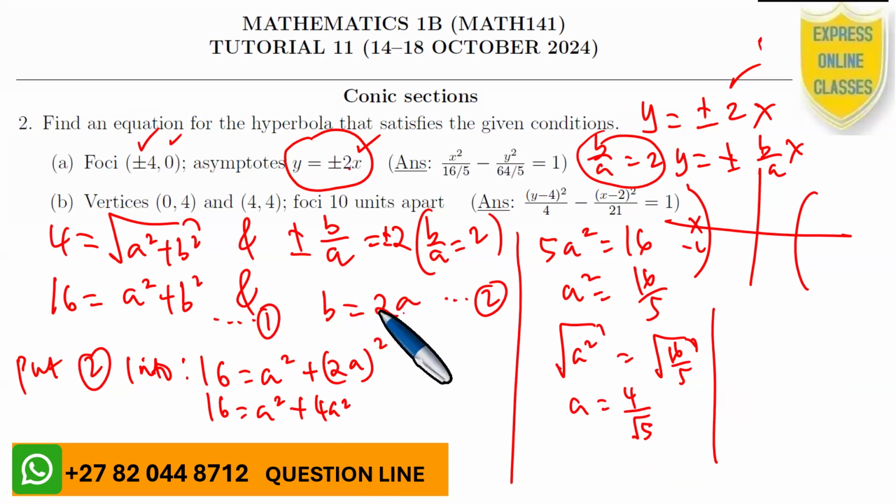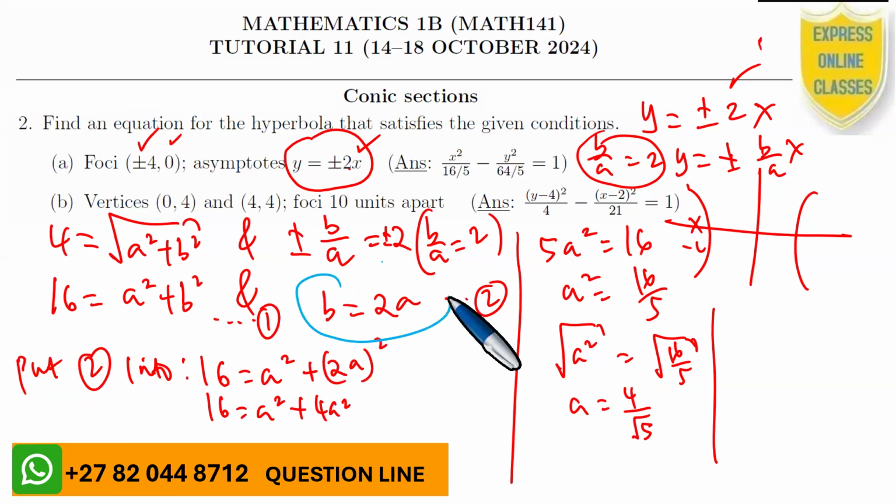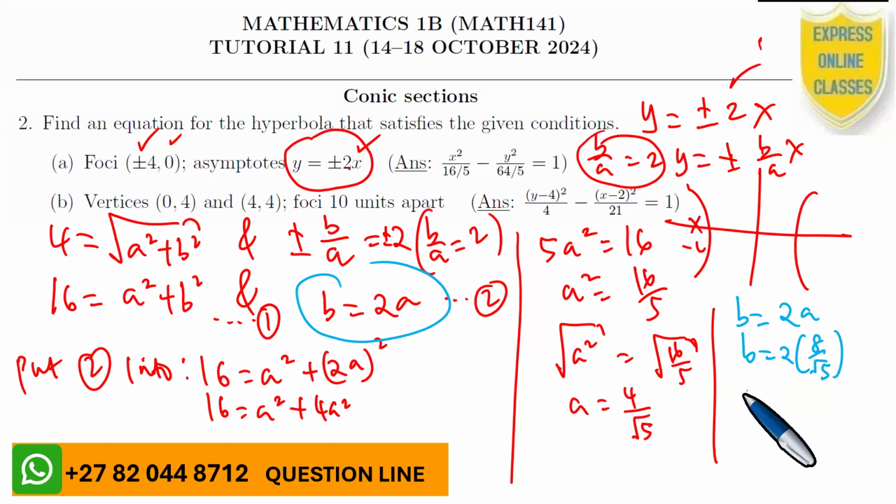And the b, all right, we've already got b equals 2a, because the a and the b are positive numbers, the way we started them. So now we have 2a, which is 8 over the square root of 5. 2 times 8 is 16 over the square root of 5. So we got the a and the b.